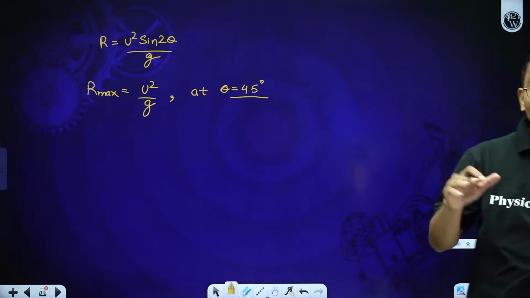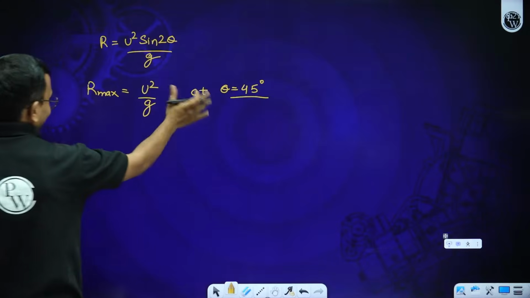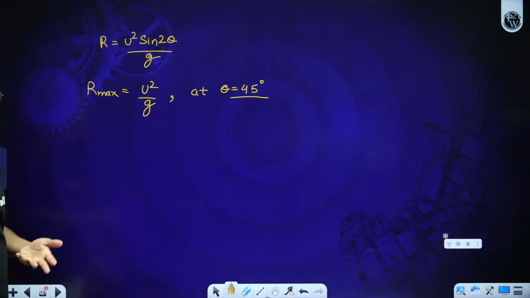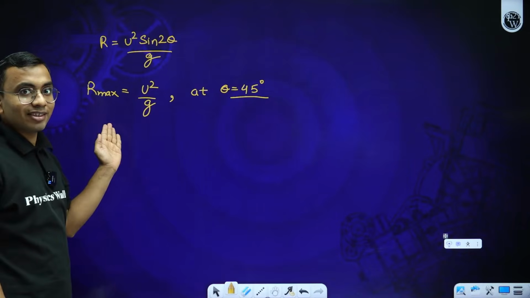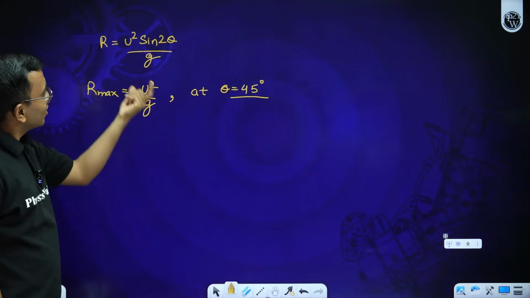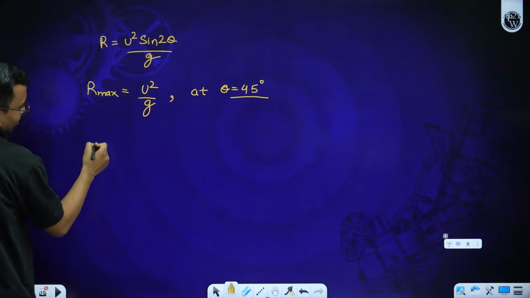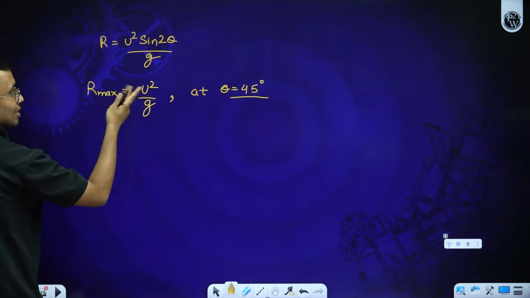We know that sin 90 plus theta, what is sin 90 plus theta? That will be cos of theta. Sin 90 plus theta will be equal to sin 90 minus theta. So here I can say that my range will be same when the angles are complementary angles.